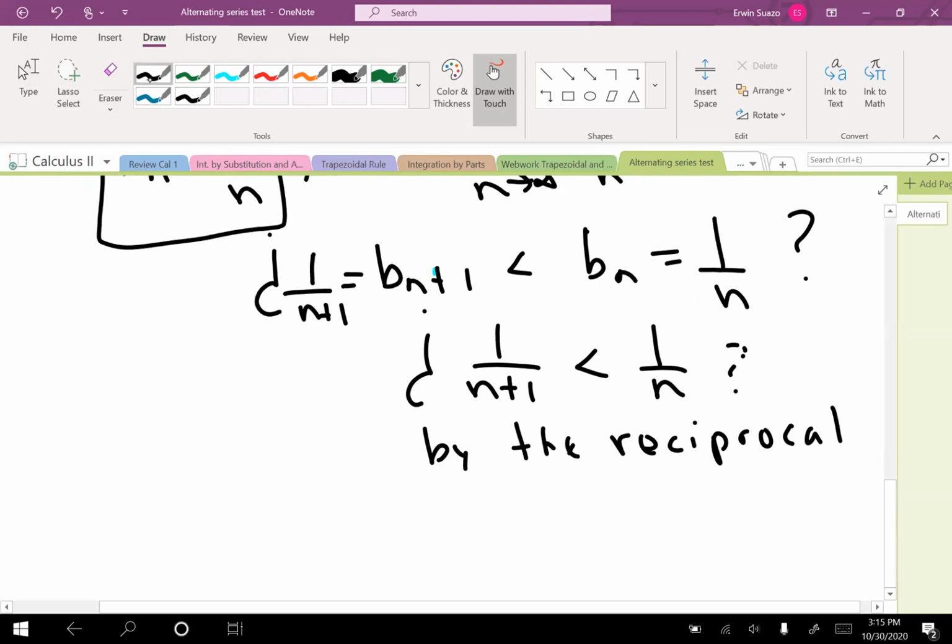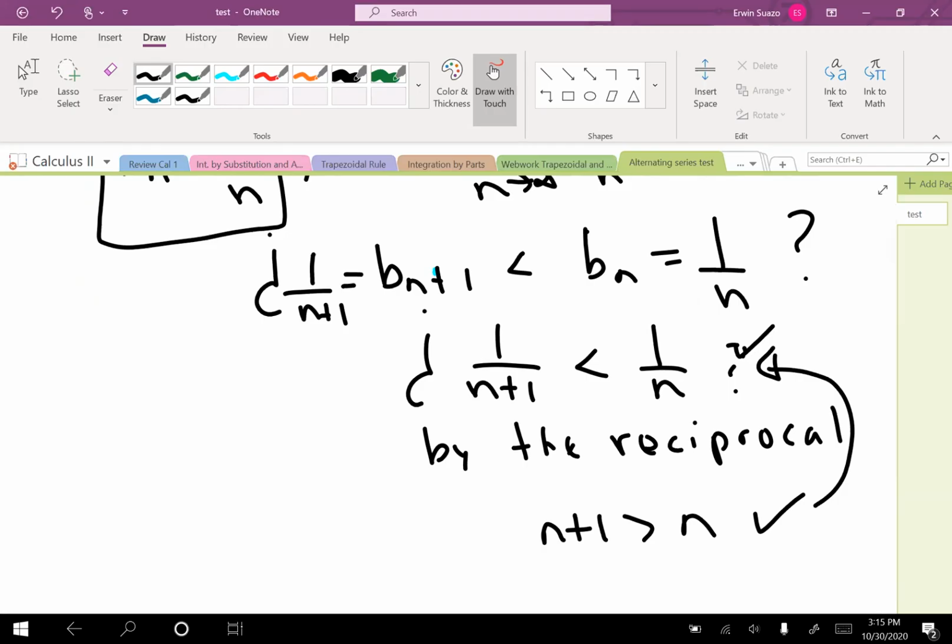So by the reciprocal, n plus 1 is bigger than n, right? So therefore, this is true. Because when I invert the fraction, the inequality flips, by inequality properties.